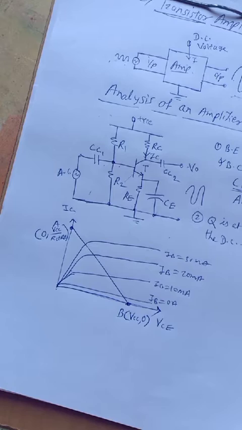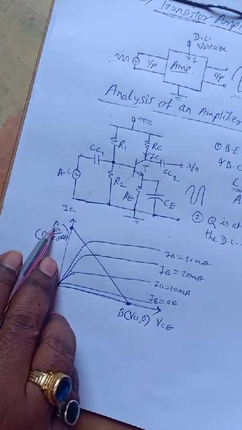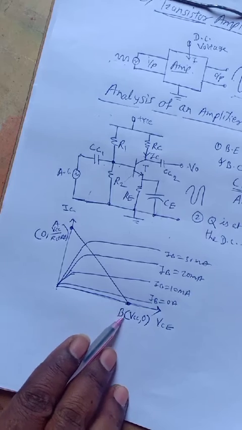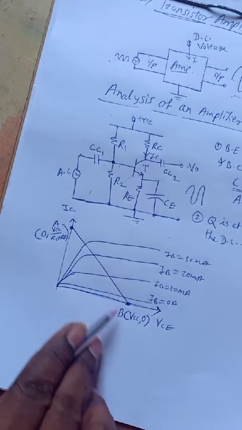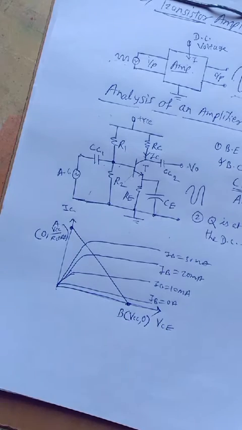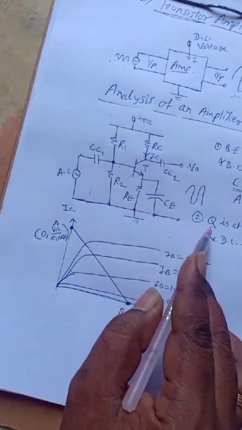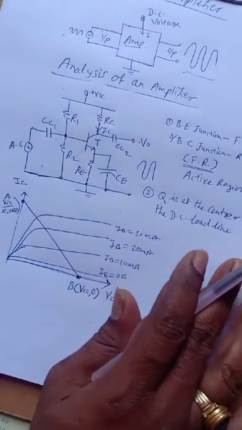So we know very well about these 2 points. A point is the extreme saturation point and B point is the extreme cutoff point. By using these 2 points, we are going to draw the line on this characteristic curve, and mark the operating point, that is the Q point of this transistor.